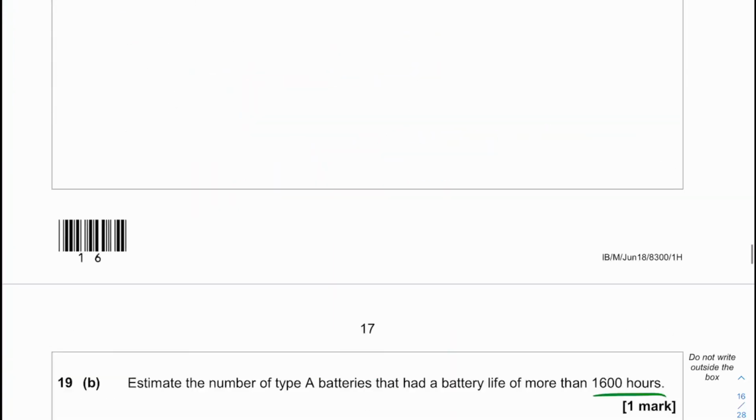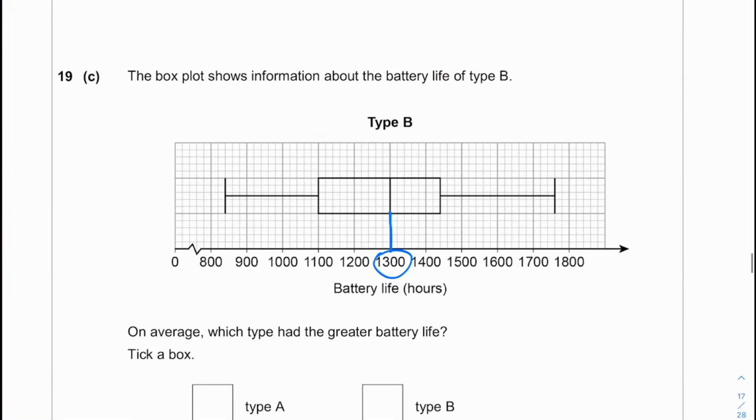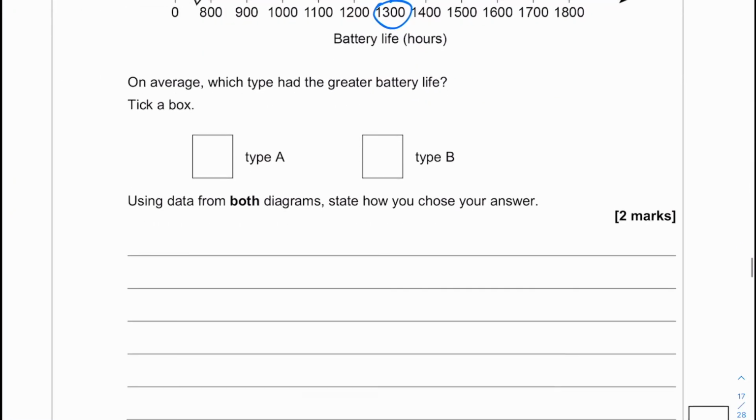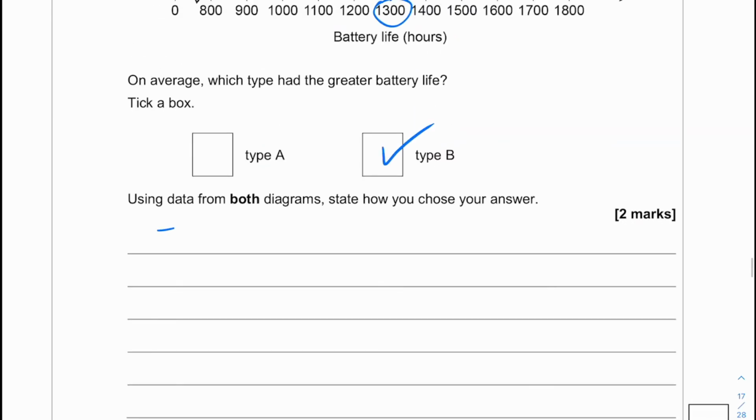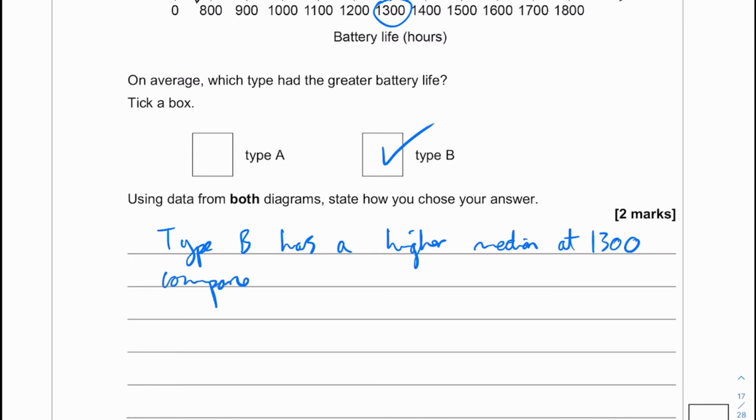So we can see that our median is higher in type B, so we can say type B, and the reason that we can give is type B has a higher median, and then just quote our data at 1300 compared to type A at 1280, was it?